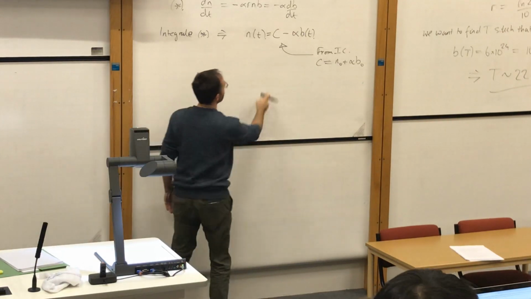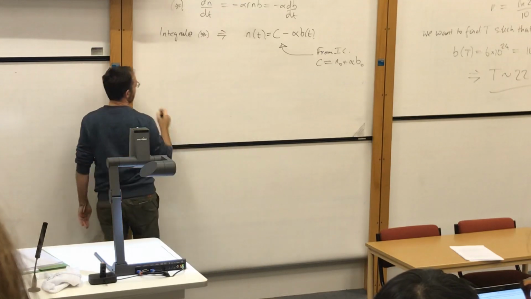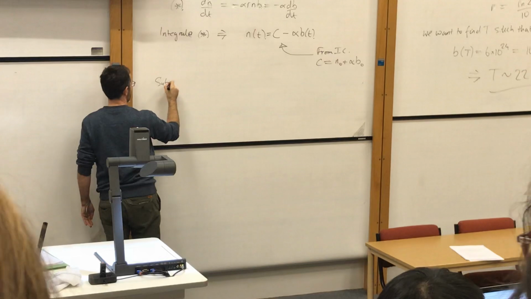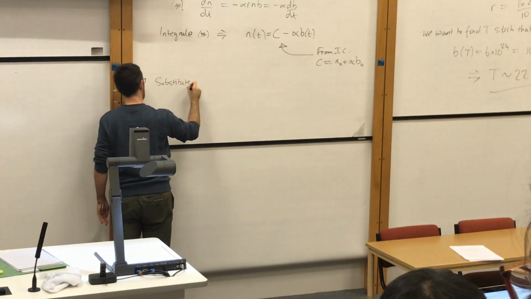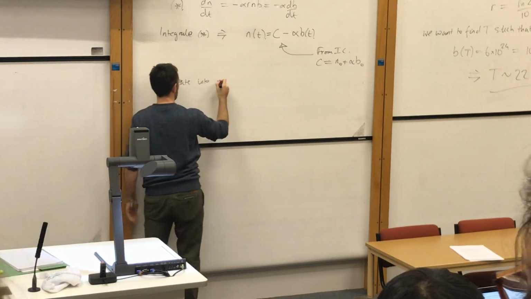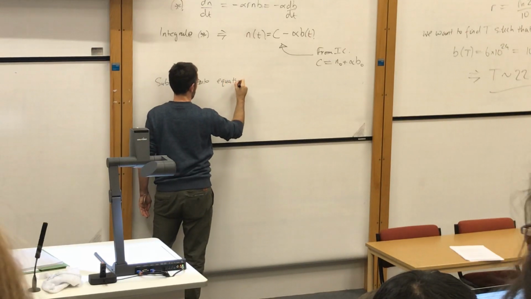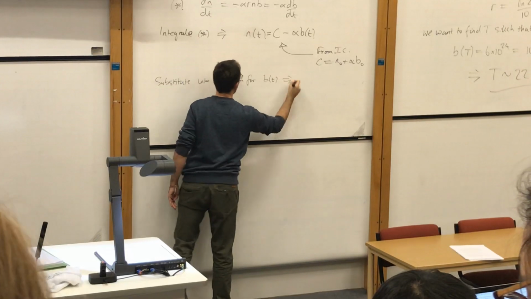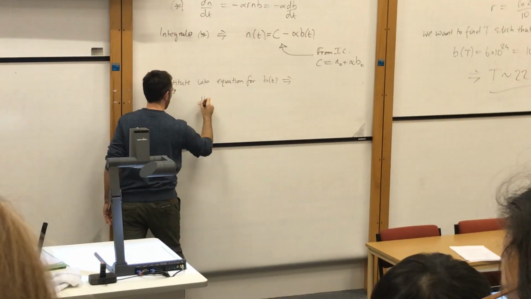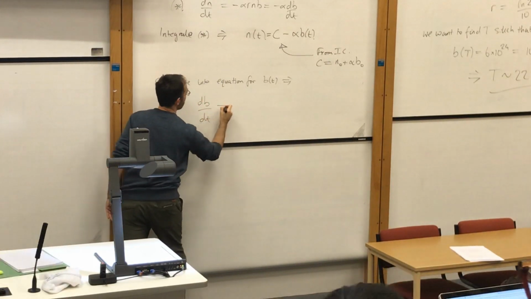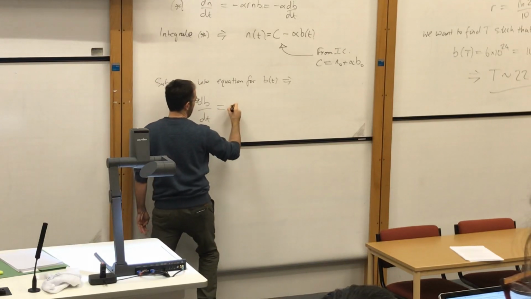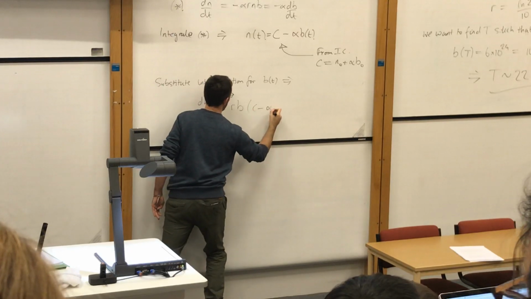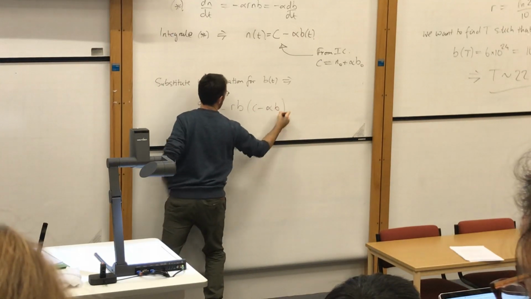We can then substitute that into the equation for b of t. That gives us a model form dB by dt equal to R times b times (c minus alpha b).